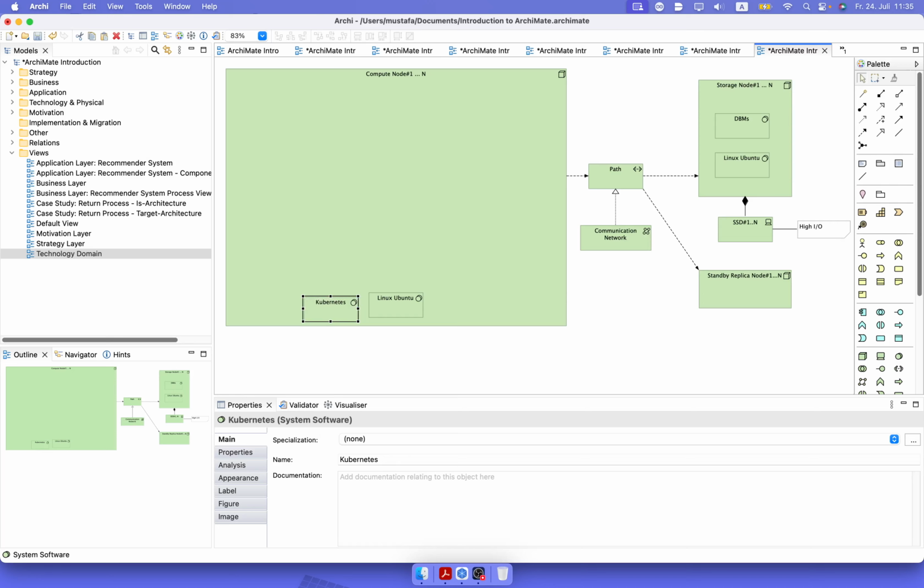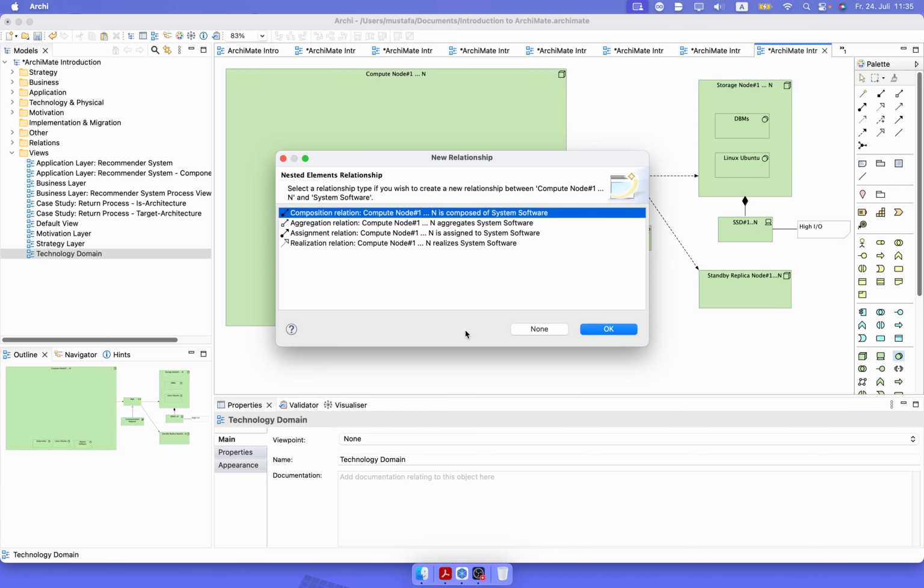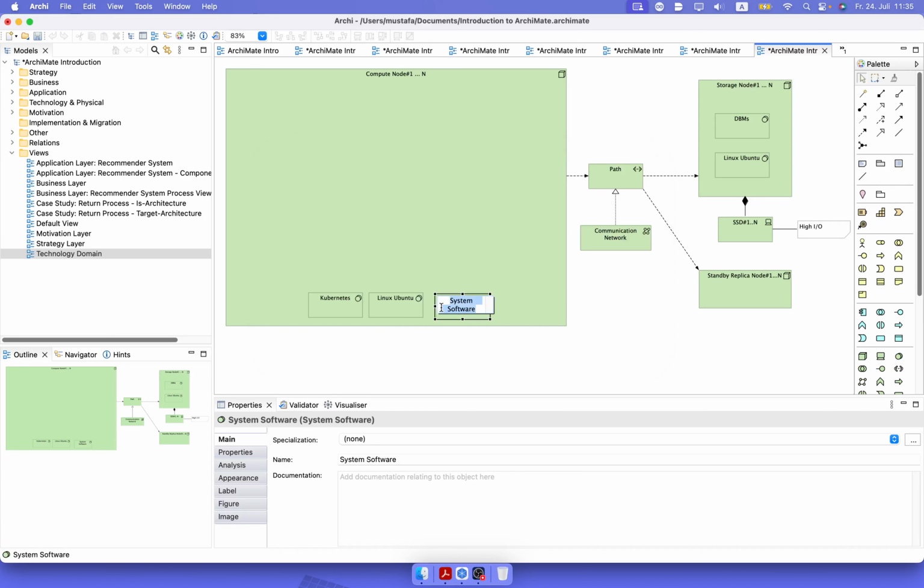Just say Kubernetes. One of the things not to forget is the firewalls. These are very essential for security. So we need to model a firewall layer here.